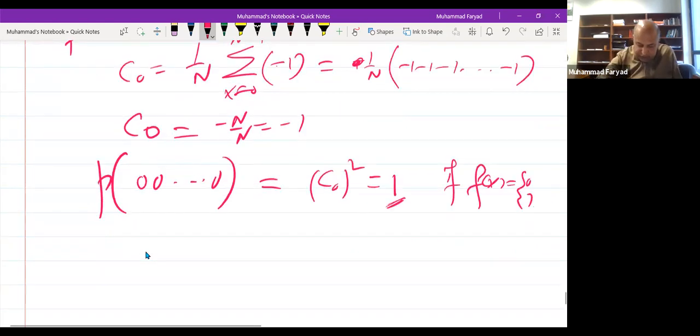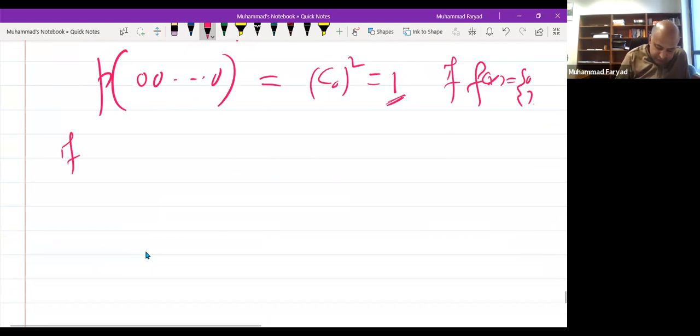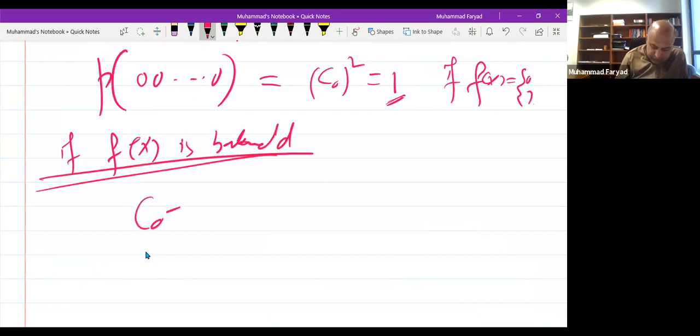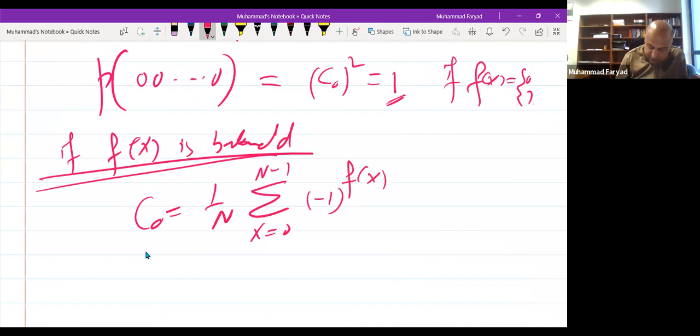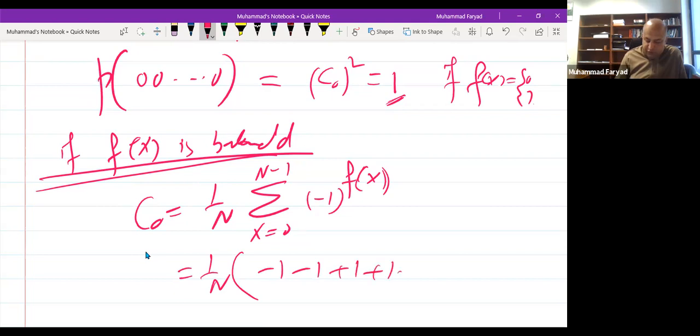And let's see what C naught is if f of x is balanced. So C naught is 1 over n, sum x going from 0 to n minus 1, of -1 power f of x. Now, if f of x is balanced, it means for half of the values of x it is 0, and for the other half of the values of x it's 1, which means this sum would be -1, plus 1, -1, plus 1, and so on.